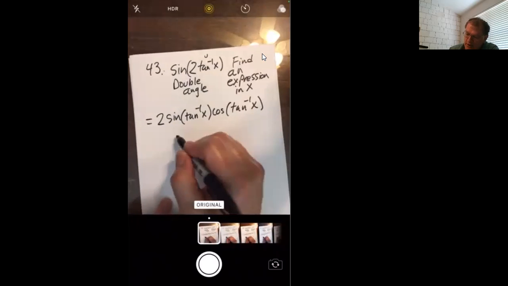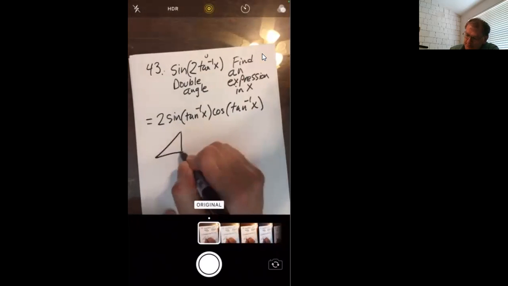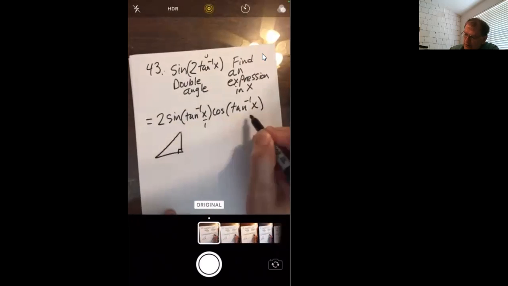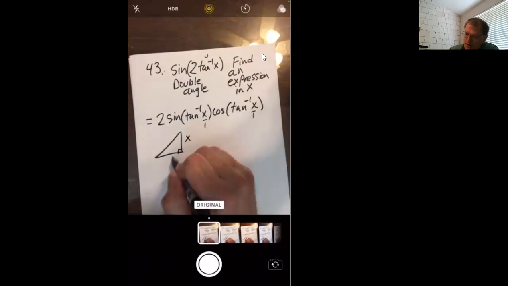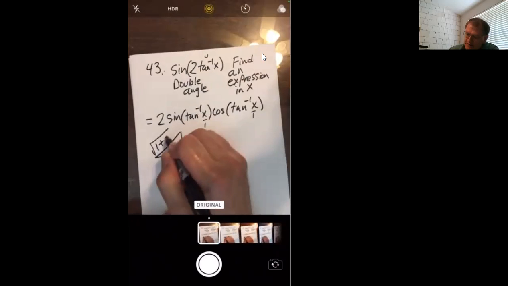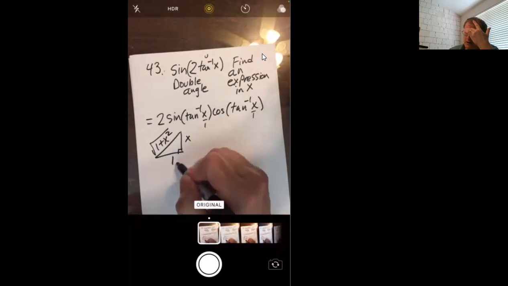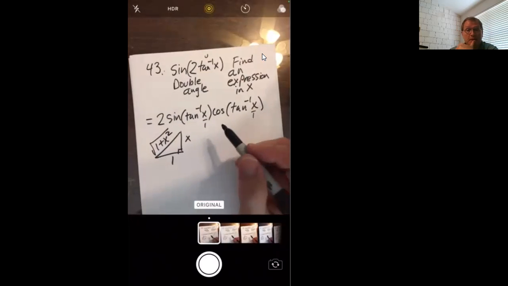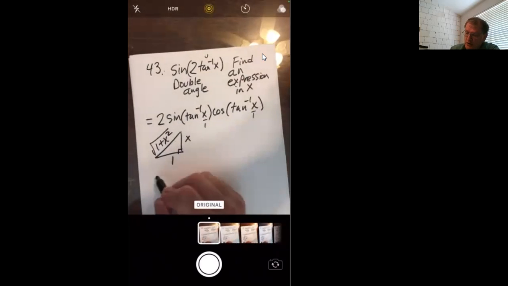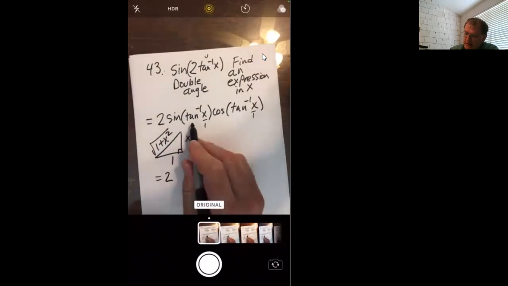All right, draw a triangle. x over 1, so x, 1, and square root of 1 plus x squared. Leg squared, add them up, get the hypotenuse. And you are going to get twice your sine, which is x over the square root of 1 plus x squared.